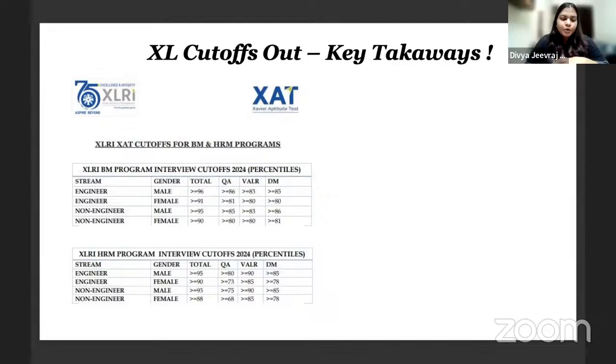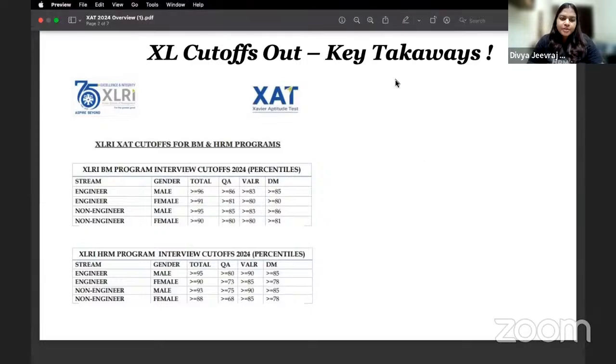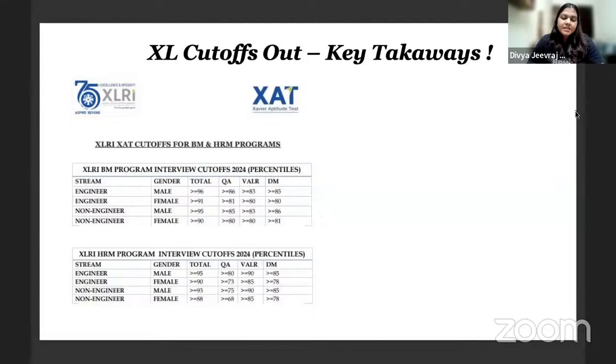Okay. So looking at the cutoffs, I'll explain first that XLRI BM program cutoffs are for their two campuses. XLRI Jamshedpur is one campus having 240 seats, and XLRI Delhi NCR is one campus which is having 120 seats currently, and they are trying to increase it to 180.